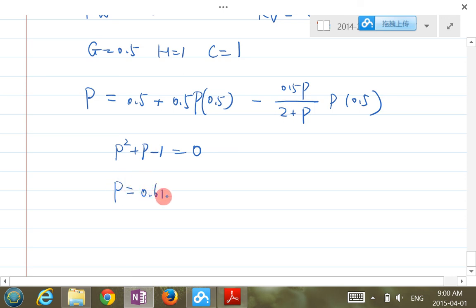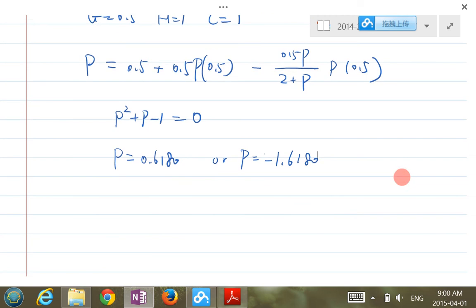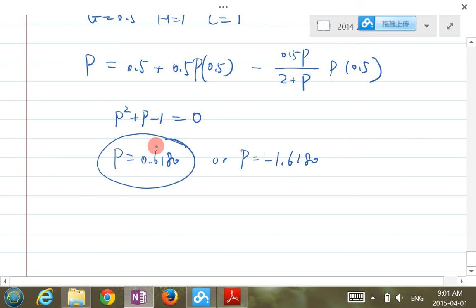That has two solutions, and which one are you going to use? The negative or the positive one? Can P be negative? So you're going to use the positive one here.